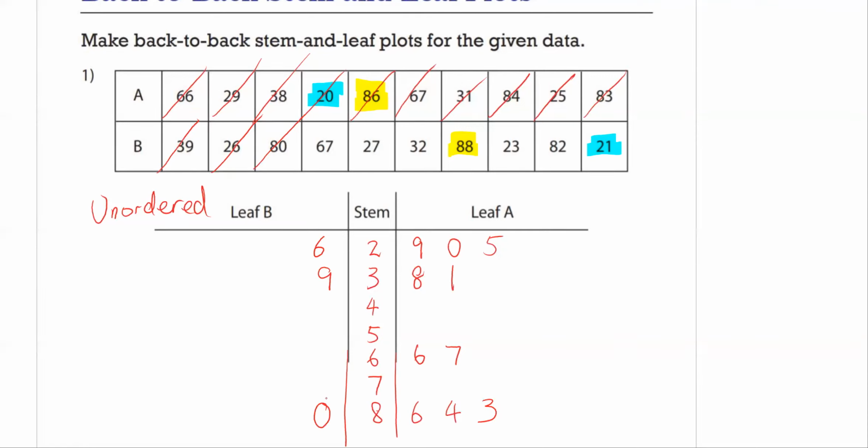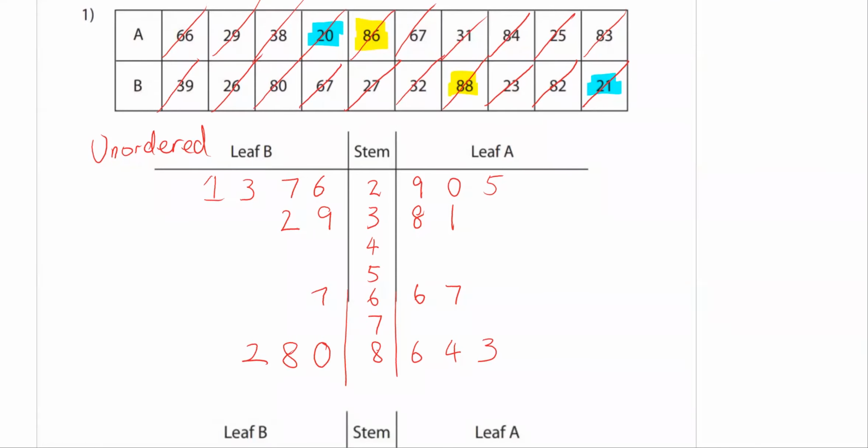You can't just leave it blank because then we don't know if there is data there or not. 67 is 6, 7, 27 is 2, 7, 32 is 3, 2, 88, 8, 8, 23, 2, 3, 82, 8, 2, 21, 2, 1. Okay, so that is the stem and leaf plot that is unordered.